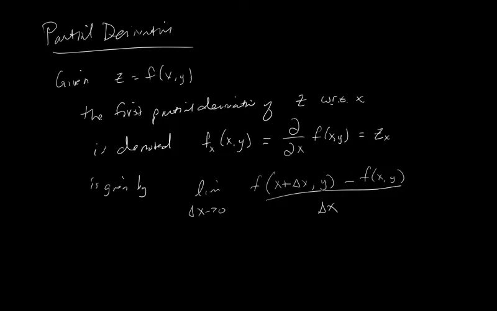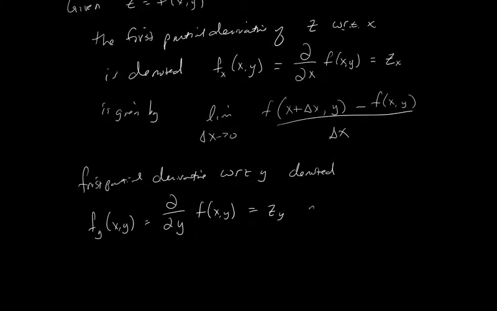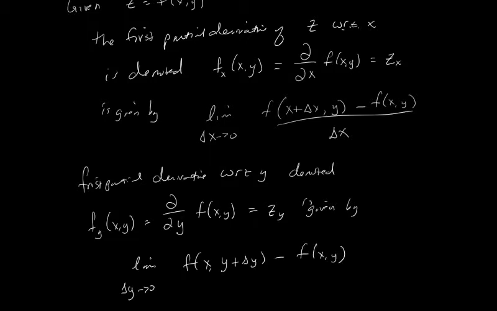We'll have the first partial derivative with respect to y denoted f sub y of xy, or the partial with respect to y of f of xy, or z sub y, which is given by the limit as delta y goes to 0 of f of x, comma y plus delta y minus f of xy all over delta y.